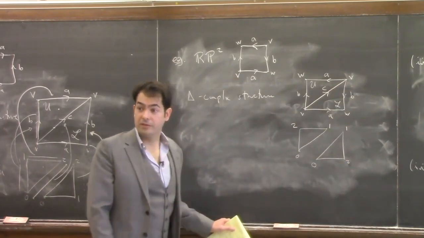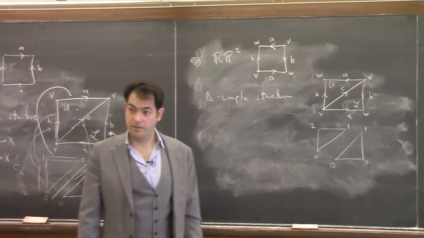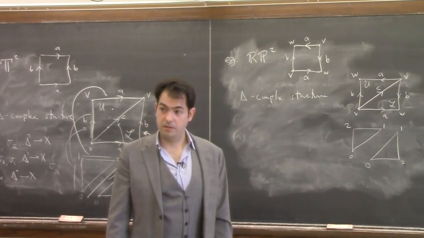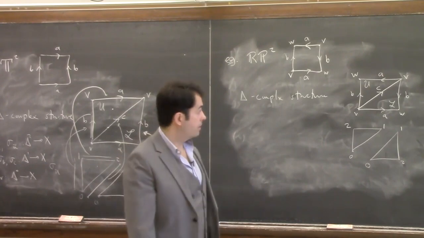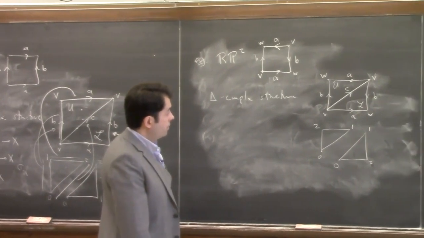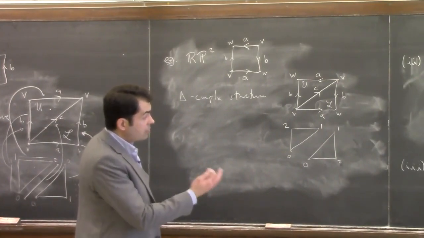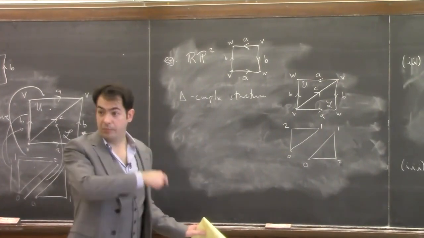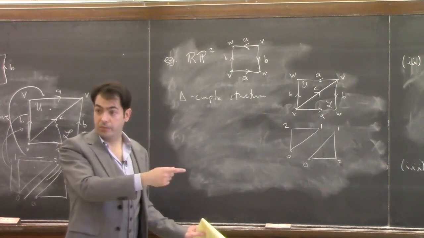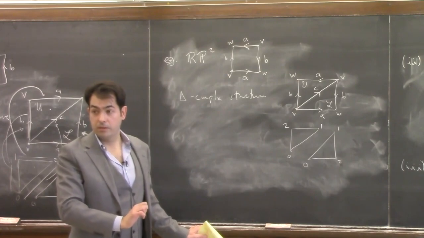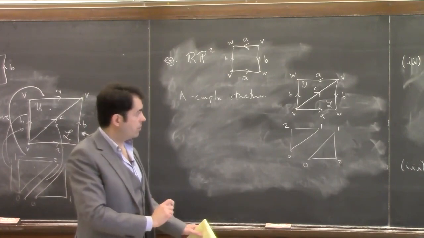All right, yes? When you chose the orientation of C, would choosing the opposite orientation just give us an alternate definition of the vertices and triangles below? Yeah, as long as you can define these maps that respect orientation. So it doesn't particularly matter how we orient C. That's right.